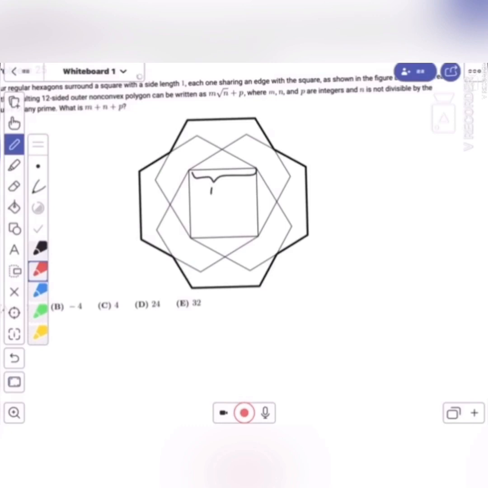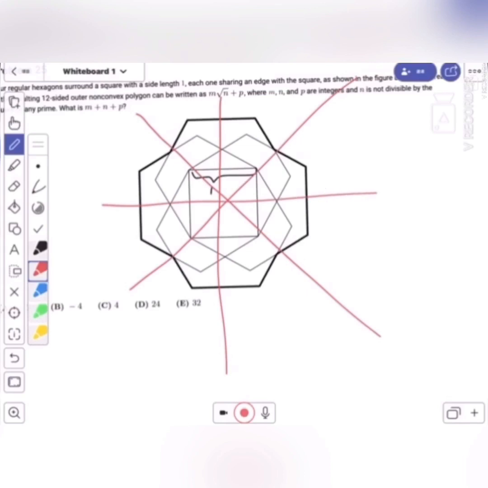Because of the symmetry across this line, across every line, across this line, also this line. Sorry for the bad drawing, but this one is perfectly symmetrical, right? Across the 2 diagonal lines, and also the horizontal line and the vertical line.